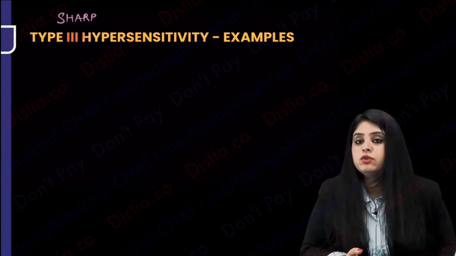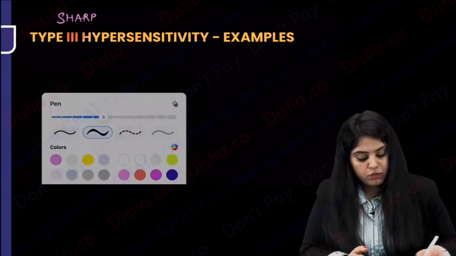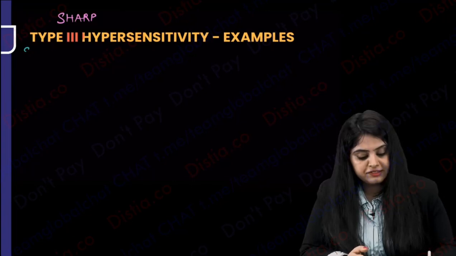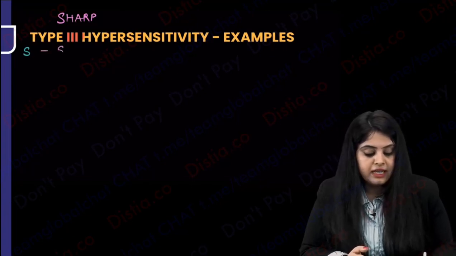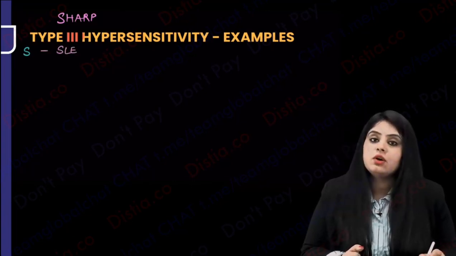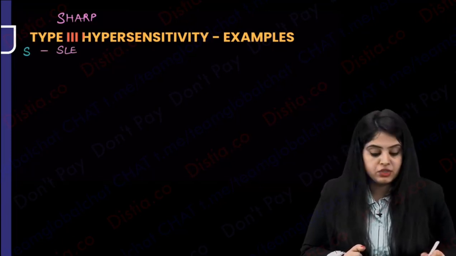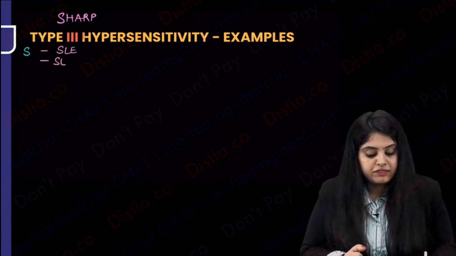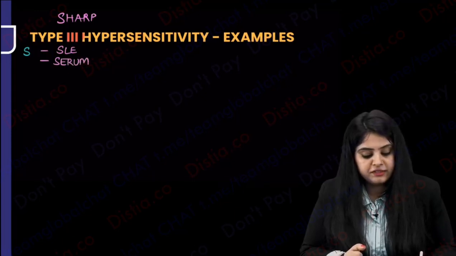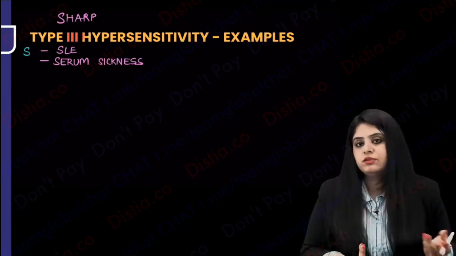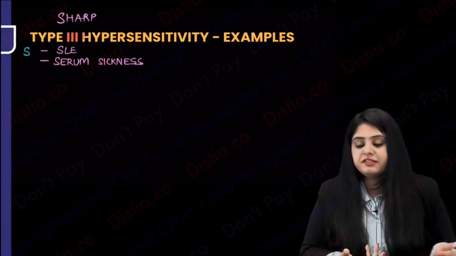So what all do we have to know about SHARP? First and foremost, we will write the mnemonic S. S has a lot of things. Have you heard of an autoimmune disorder called SLE? SLE comes under SHARP. Then we also have something known as serum sickness. Sickness is fever and illness. What is serum?